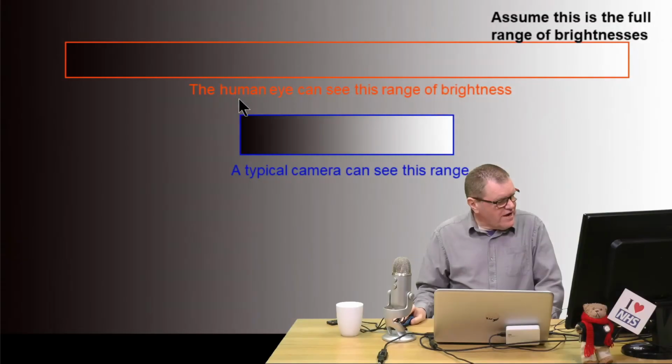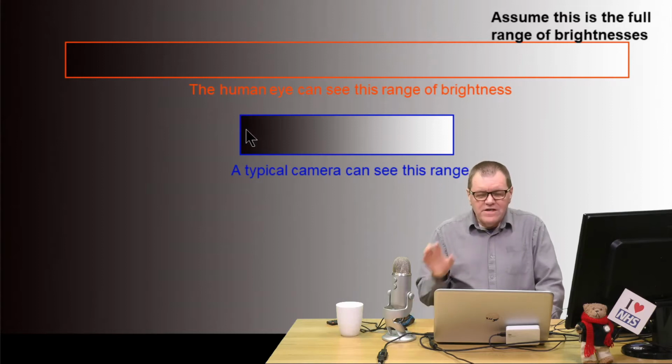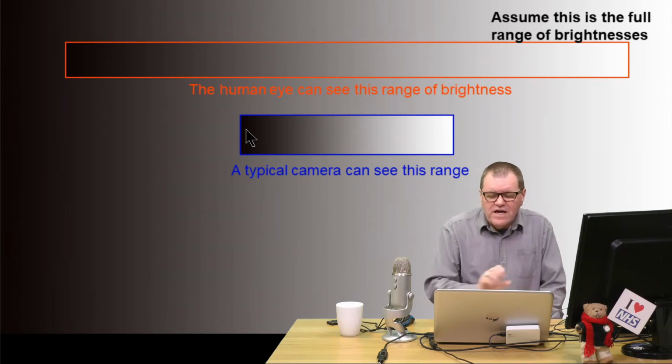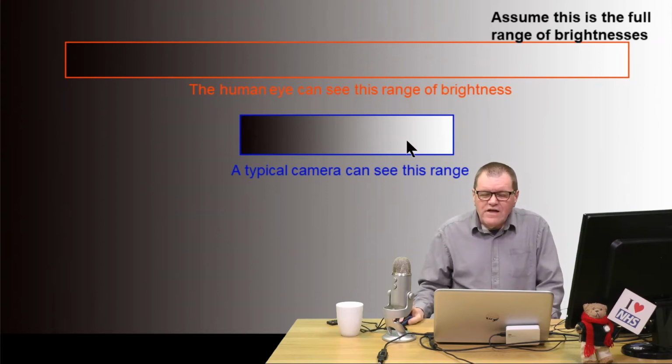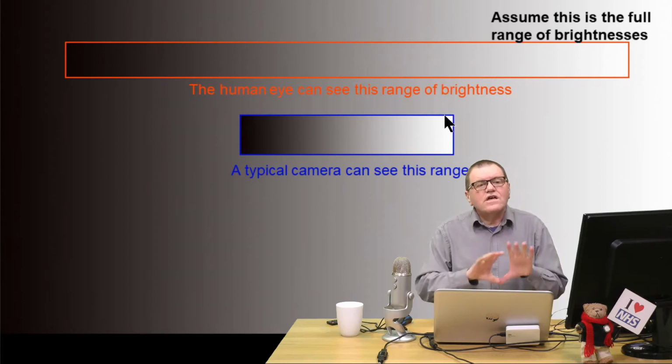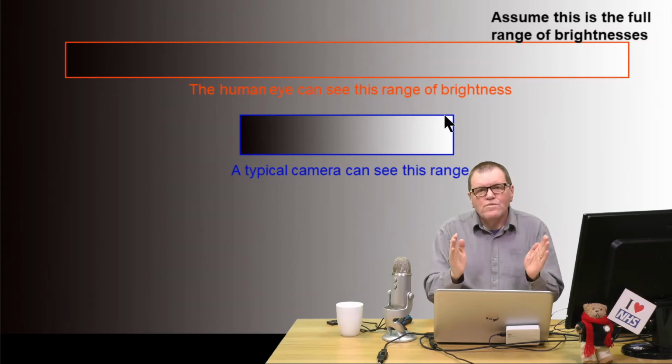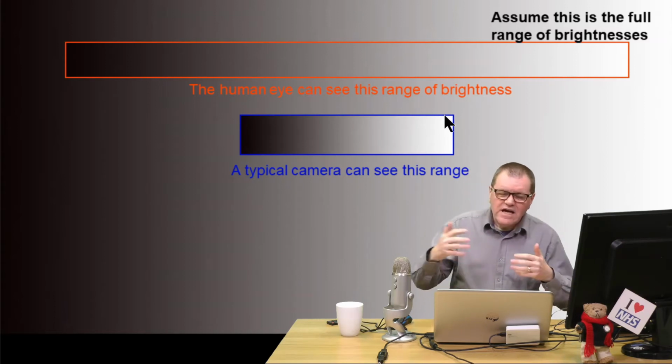This brightness that we see as grey, the camera, if it's done an automatic exposure, will probably render as black. And at the other end, this lighter grey, it's rendering as white. So it's compressed a small range of greys to be the brightnesses between black and white.